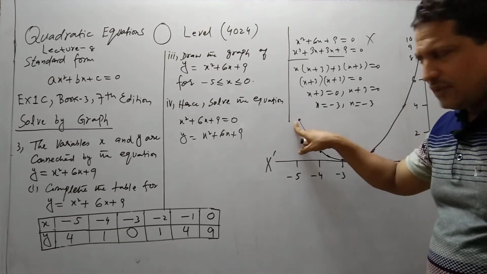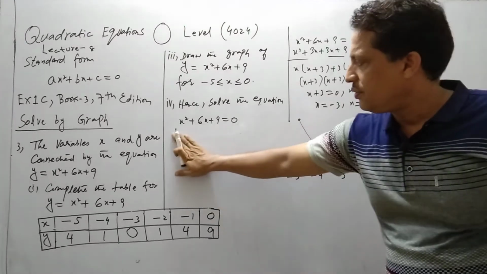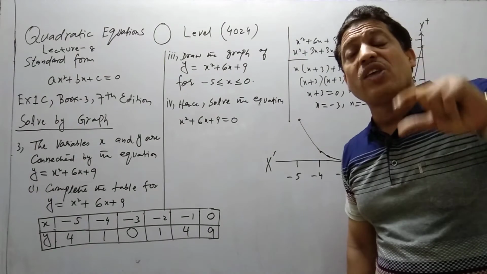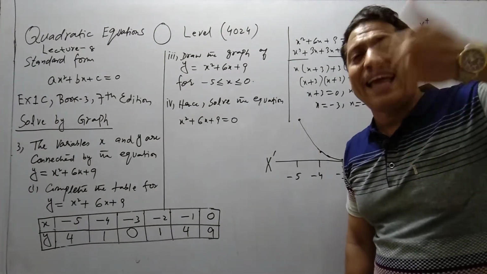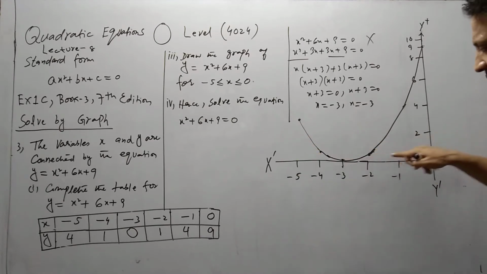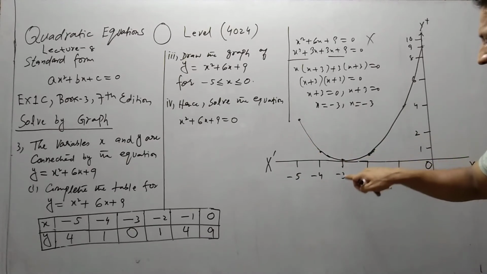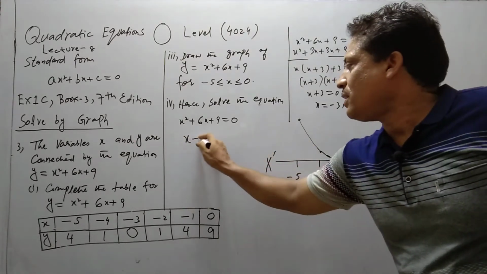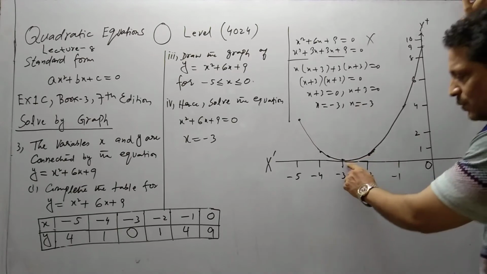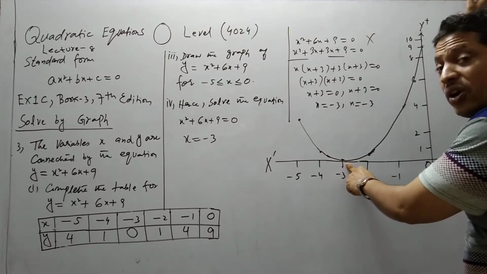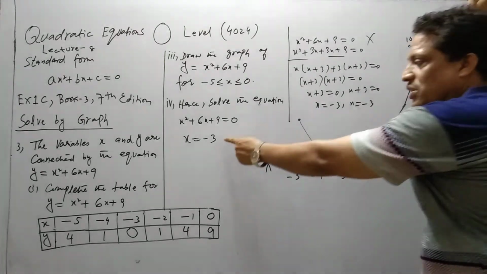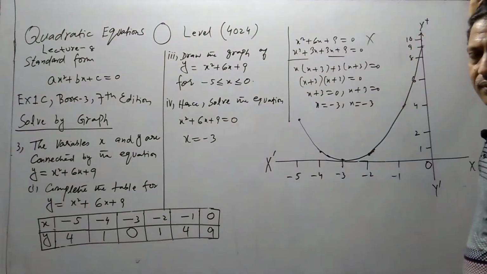So you will get the answer of this equation with the help of the graph where your curve cuts the x-axis. Your curve cuts this x-axis at only one point, that is x is equals to minus 3. So this point where your curve cuts the x-axis is your solution of this equation.